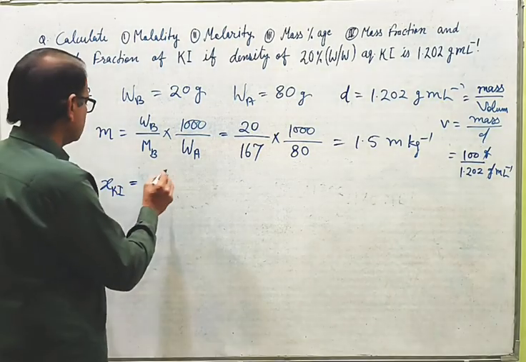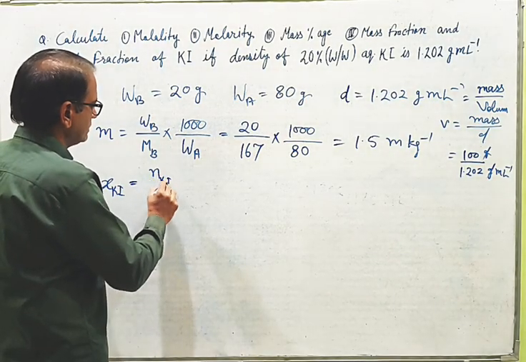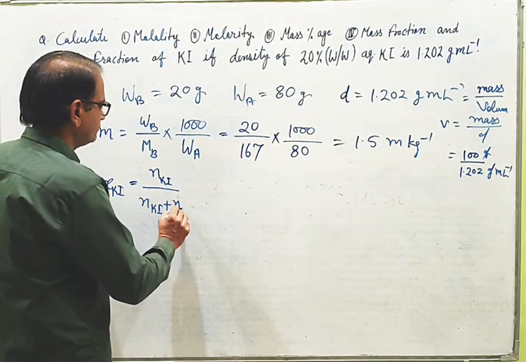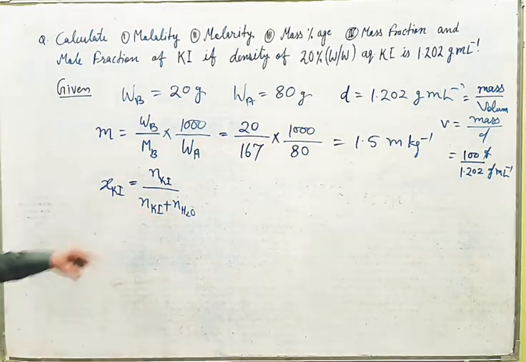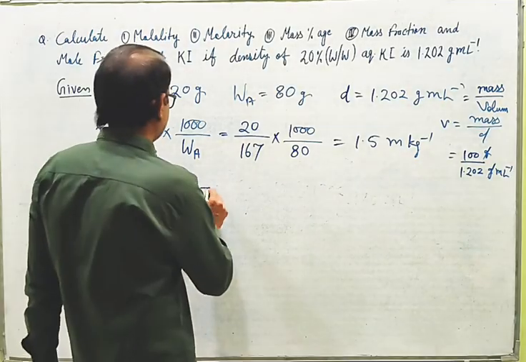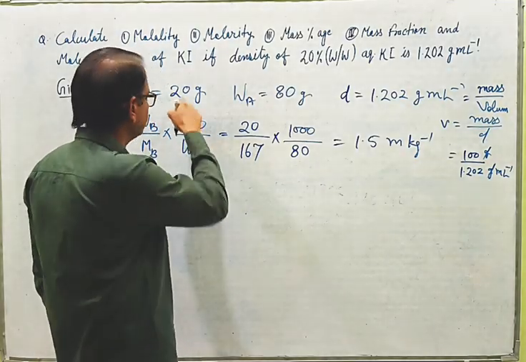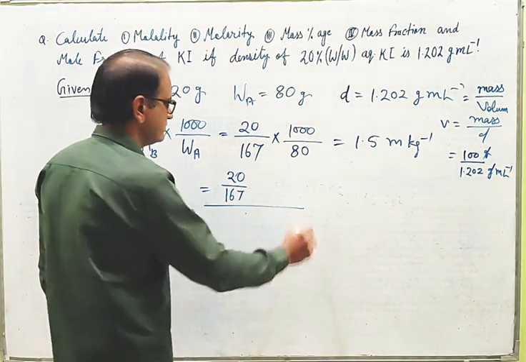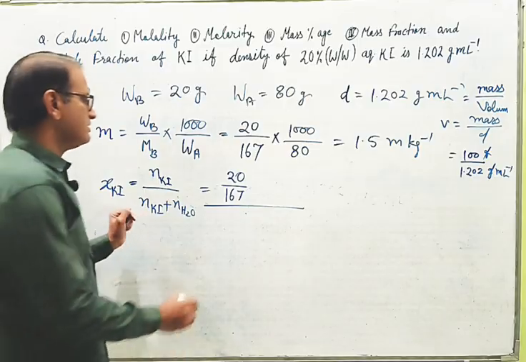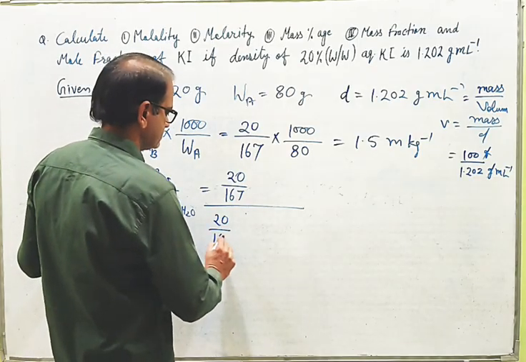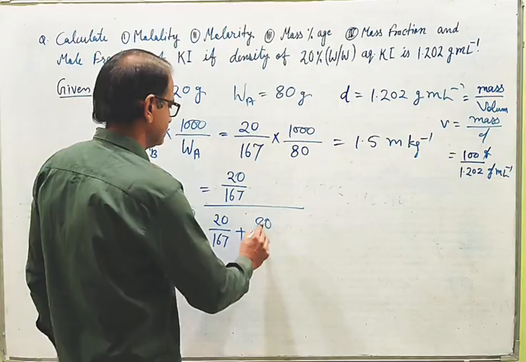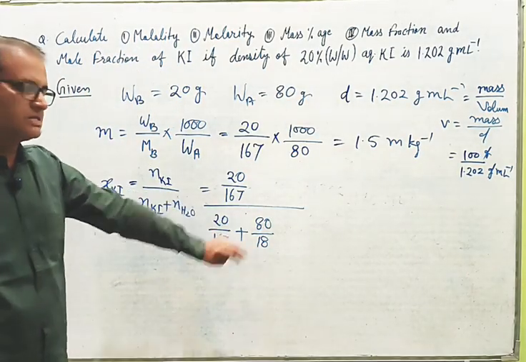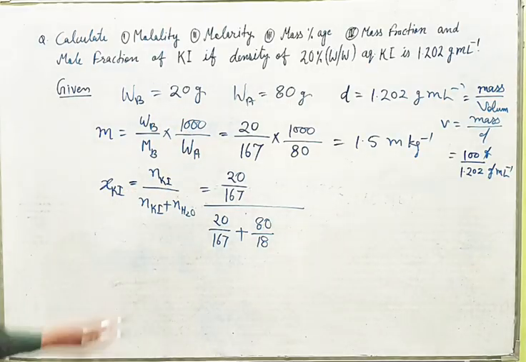X of KI is equal to the number of moles of KI upon the number of moles of KI plus the number of moles of H2O. The number of moles of KI will be equal to 20 gram of KI we are having, molar mass is 167, so 20 by 167, plus 80 by 18. The molar mass of water is 18, and the amount of water is 80 gram. So this is how you have all the values.